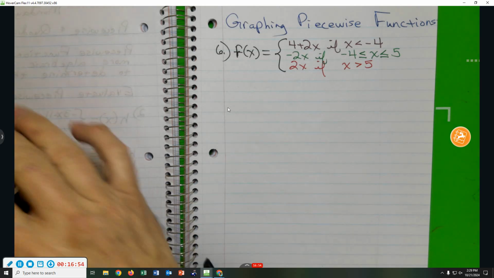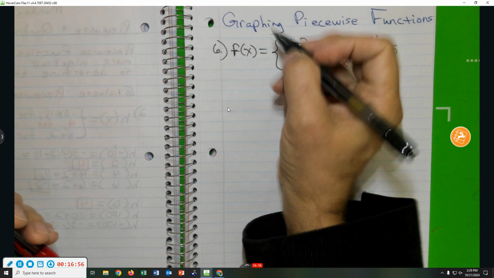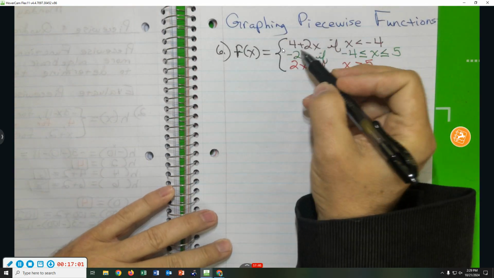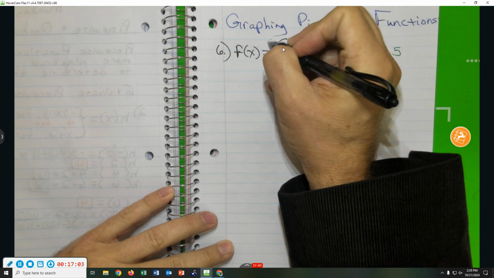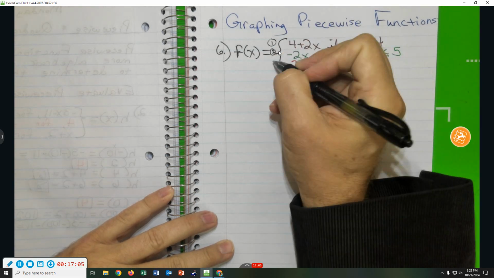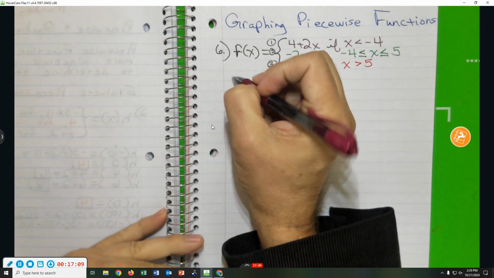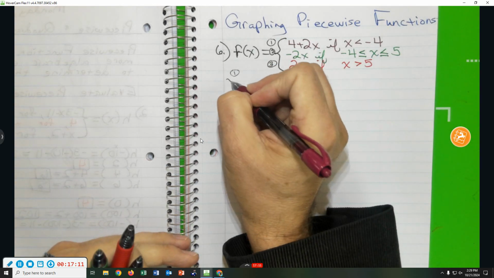So I'm going to number each part so you can tell which table goes to which piece. That piece there will be piece number 1. There's piece 2. And here's piece 3. I'm going to start with piece 1. I'm going to make a table of values.